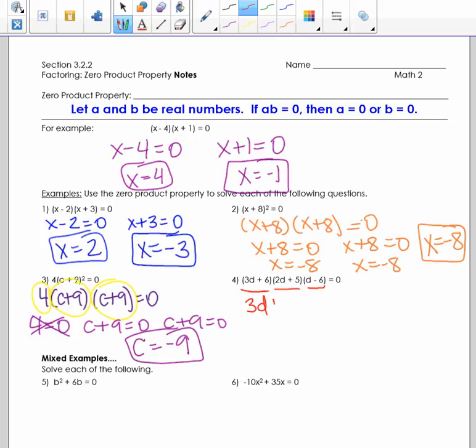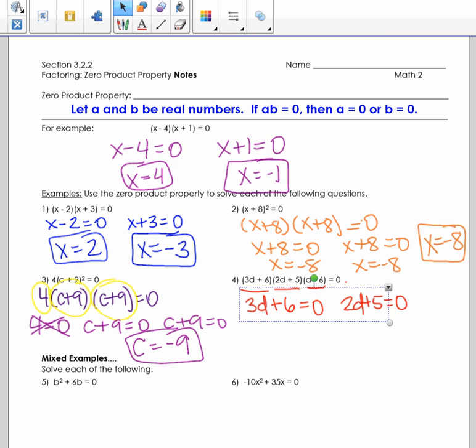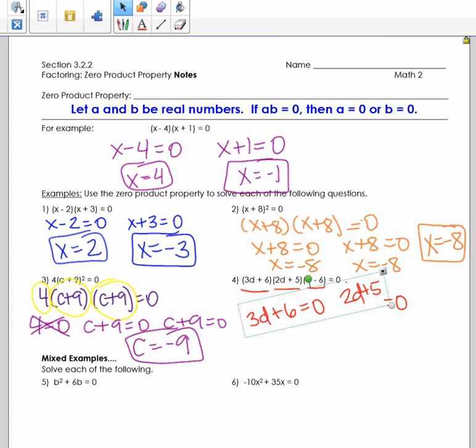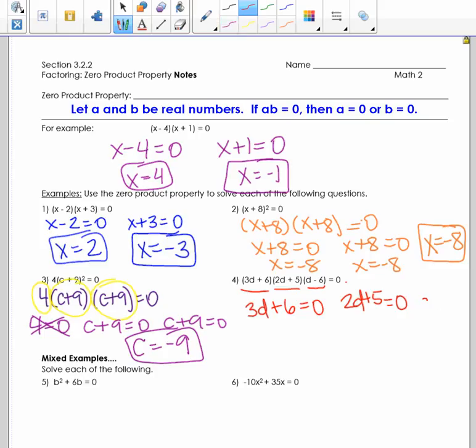So you're going to solve all of those. 3d equals negative 6, and you don't need to show this work, so d could be negative 2. 2d is negative 5, so d is negative 5 halves.